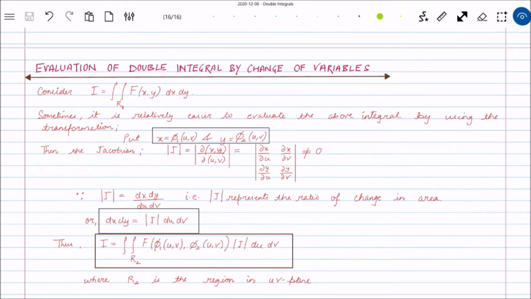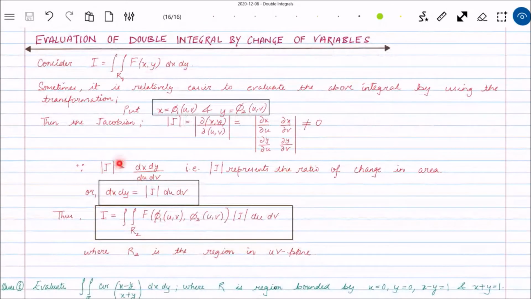So the important point is that this Jacobian should not be equal to 0, right? If it is 0, then this substitution will not work. You are not going to evaluate this integral by using this substitution. This substitution is just a waste, right? So please note that this Jacobian determinant should not be equal to 0. If it is not equal to 0, then we can hope that this substitution may work.